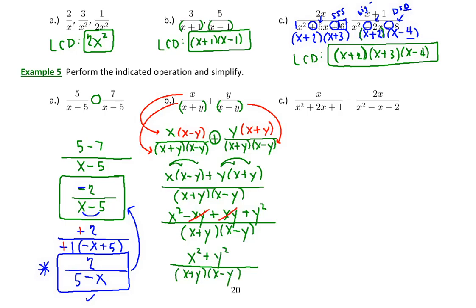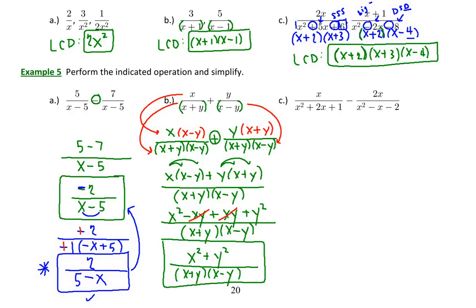At this point, we would want to attempt to factor the numerator to see if we could reduce the expression at all. But notice our numerator is the sum of two squares, which does not factor. So this rational expression is completely reduced. Again, leave that denominator factored. It makes it clear that it doesn't need to be reduced any further.